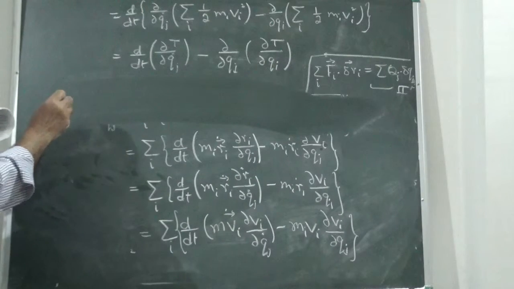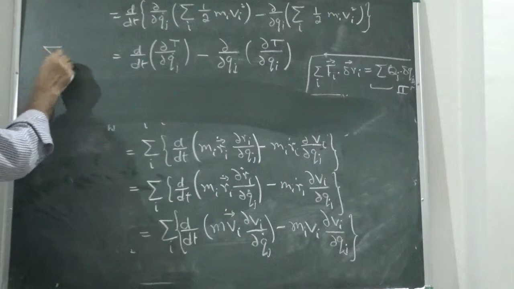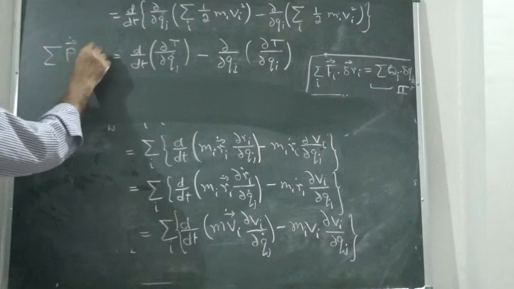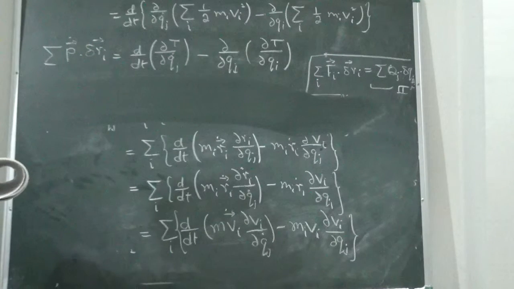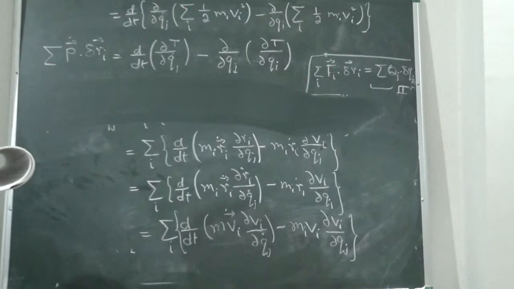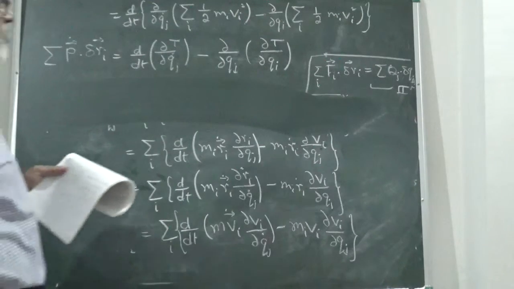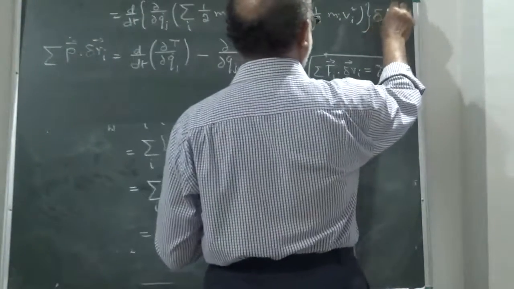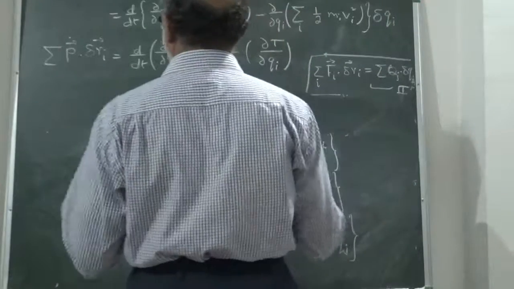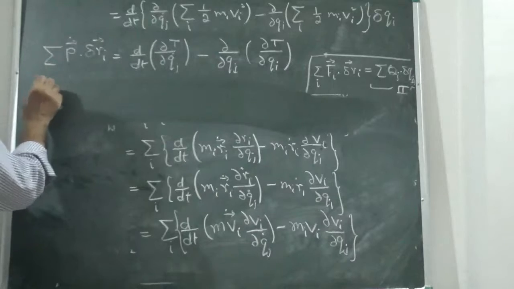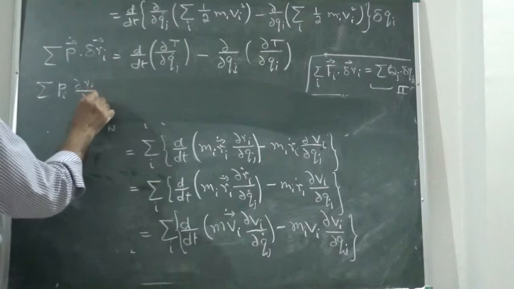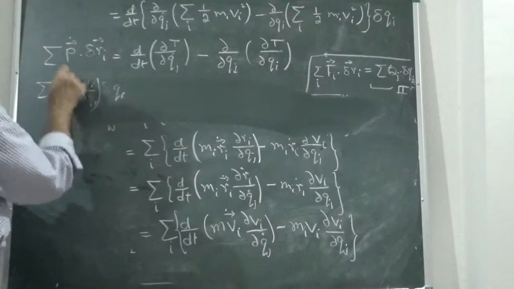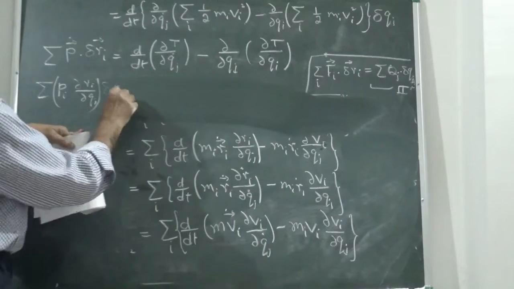And on this side we were having Pi dot delta ri. Now this whole thing was multiplied by, okay, sorry, delta qj also, because delta ri was written as Pi and delta ri by delta qj times delta qj. We have solved this as expression delta qj dot. So it is here.